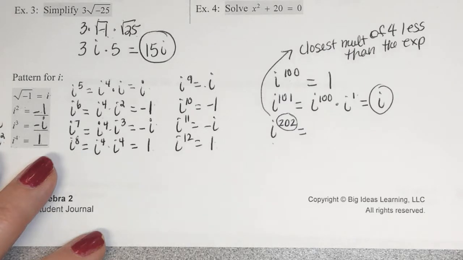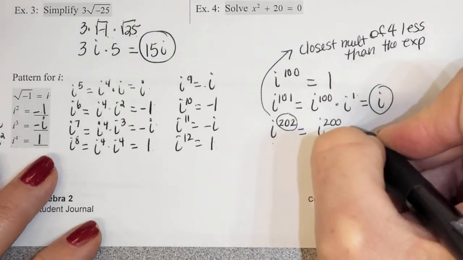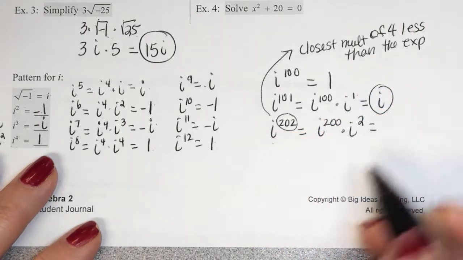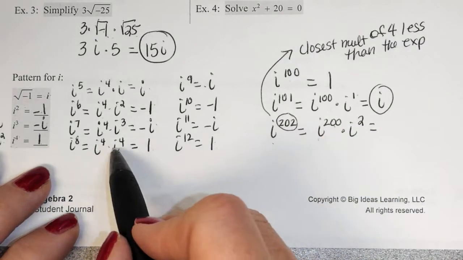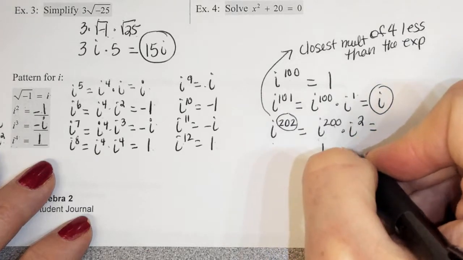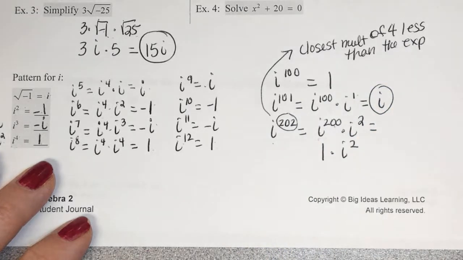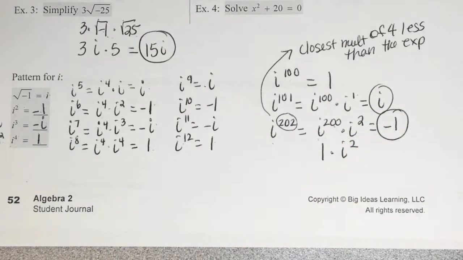What is it? 200. So I'm going to think of this as I to the 200th times I to the second. And that's because I know I to the 200th, what's every multiple of 4 going to be? 1. So now this problem's just 1 times I squared. Do we know what I squared is? Negative 1. Right? That's the answer.